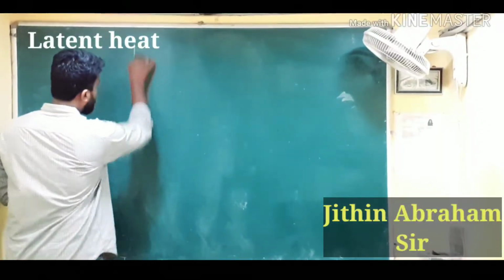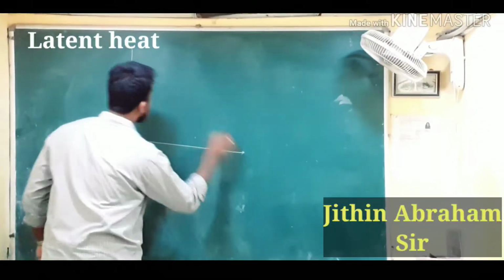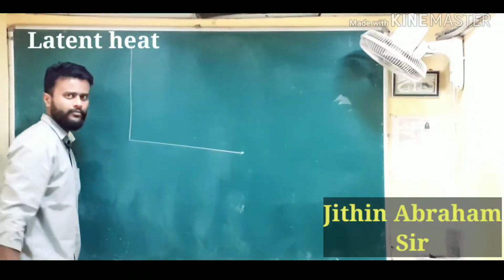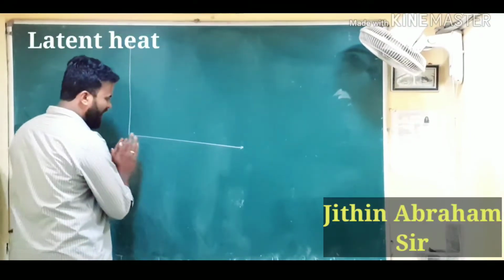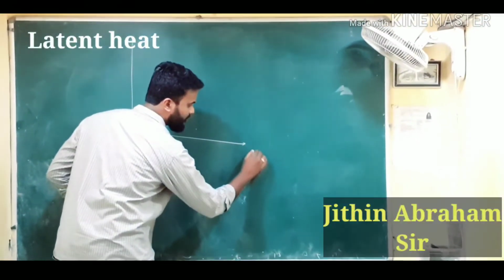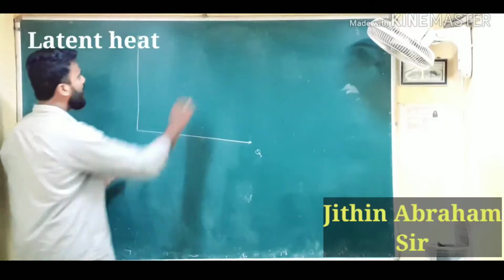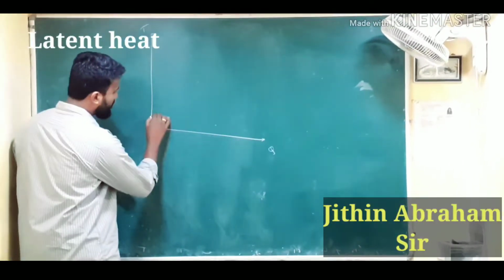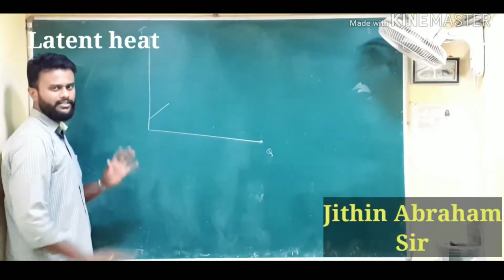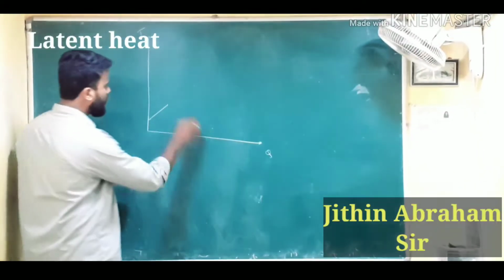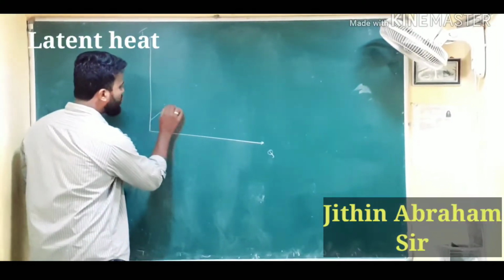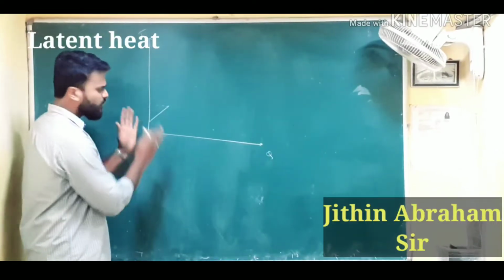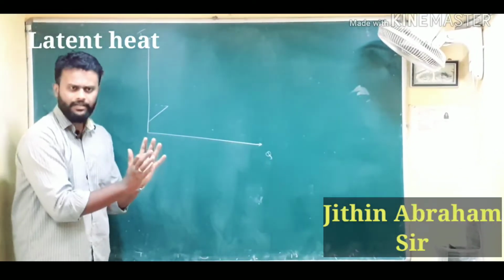So let me present the same scenario in terms of a graph. Whenever you try to heat an object, let me say this axis stands for heat energy and this is for temperature. You try to heat an object, its temperature rises. It's directly proportional. Let me assume initially it is in solid state.